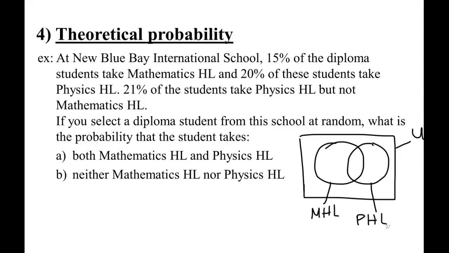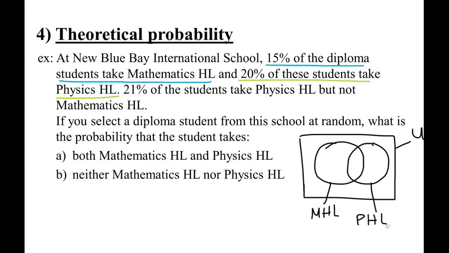So over here, we have that 15% of the diploma students take Mathematics HL, and 20% of them also take Physics HL. What I underlined in green here is basically the probability of the students that take Physics HL that are already taking Math HL.